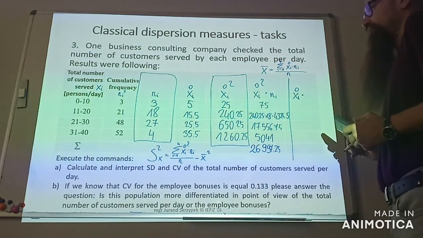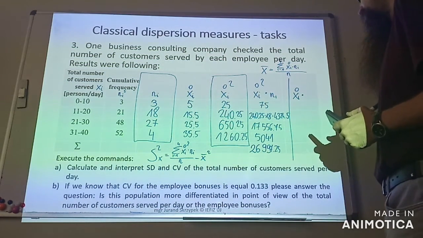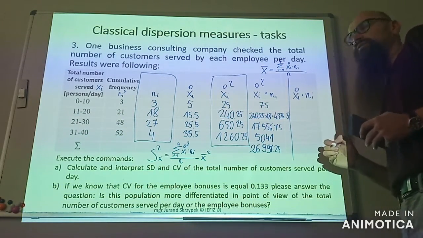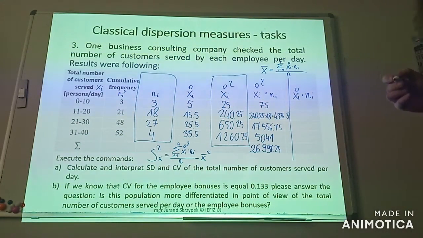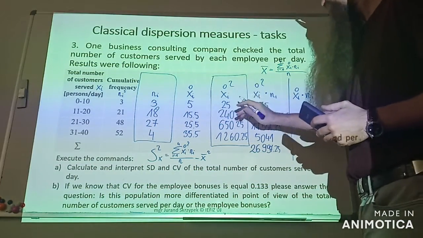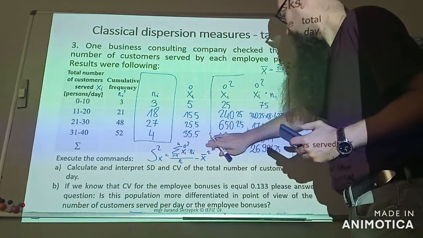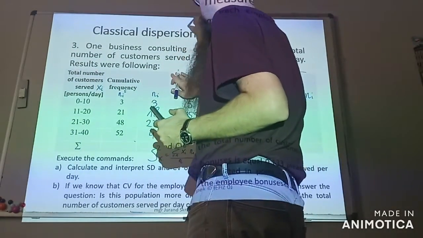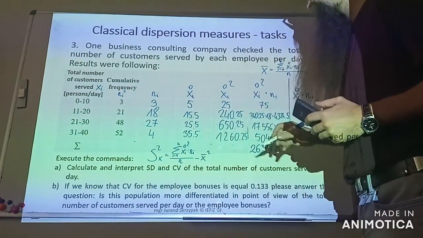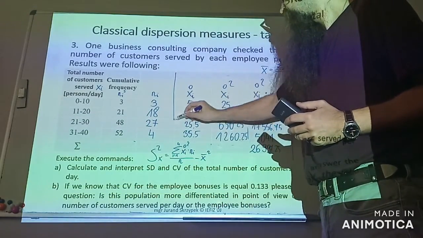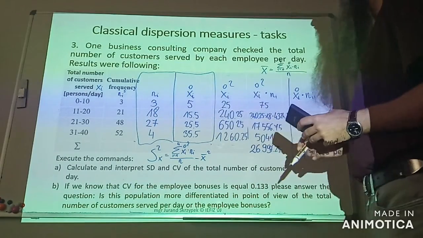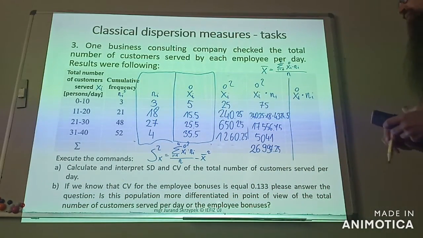So here we multiply the middle of the classes by the frequencies. So we are going to multiply the values from this and that column. Yeah?